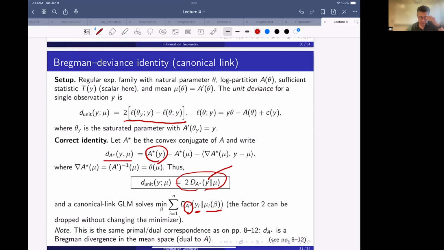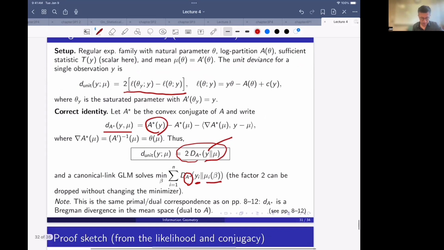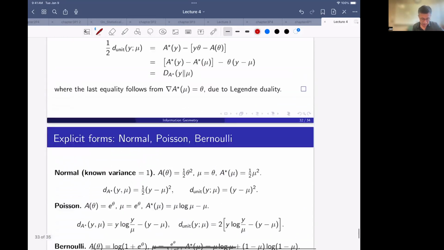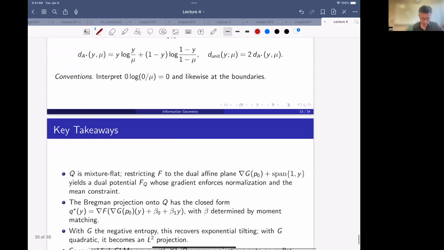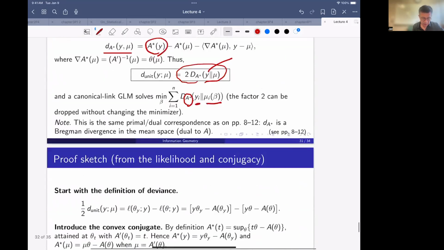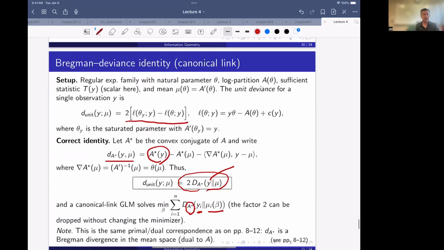This deviation is a measure of fit in GLM, and it turns out to have a Bregman divergence interpretation.